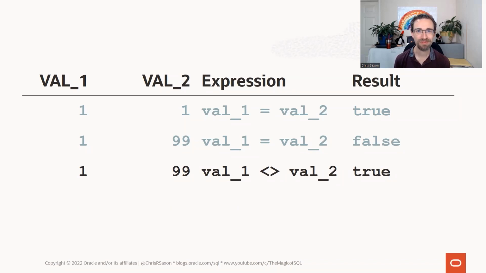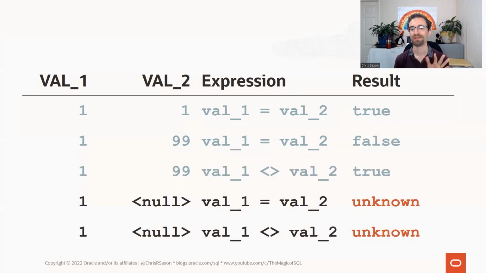However, if either of these values is null, then regardless of whether we say the values are equal to each other or not equal to each other, the result is still unknown, all right? And the problem here is that in SQL, where clauses only return the rows that evaluate to true. If the result is unknown, we don't get those rows back from the query.